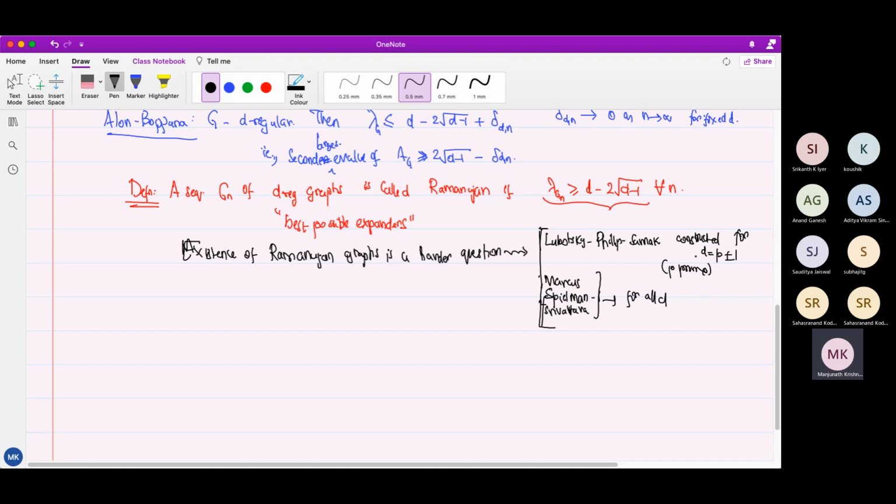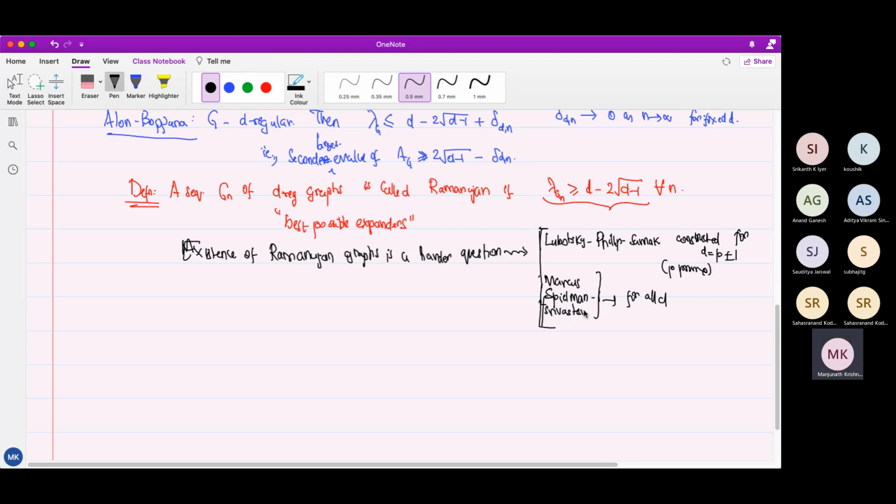But Lubotsky, Phillips, Sarnak constructed it for prime p. So this is not a constructive one, it may be randomized, I believe. But this was a very big breakthrough, quite recently. Nikhil Srivastava was here in Bangalore at Microsoft Research, now he's at Berkeley. So this was a very famous piece of work.